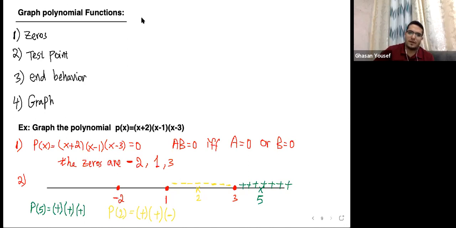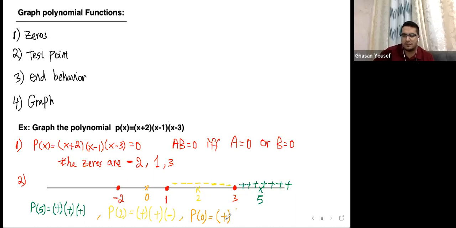Now, pick any number between -2 and 1. 0. Nice. Okay, plug the 0 inside the function. b of 0. 0 plus 2 is 2. The answer is positive. 0 minus 1.